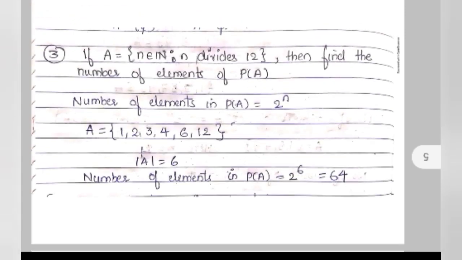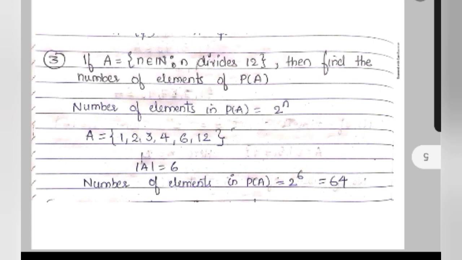The next question says that A equal to the collection of natural numbers. They have given you one set A in which we have to collect only those natural numbers which divide 12.